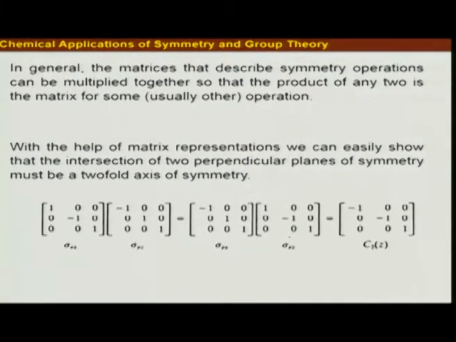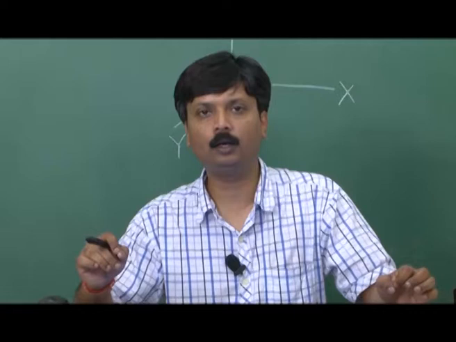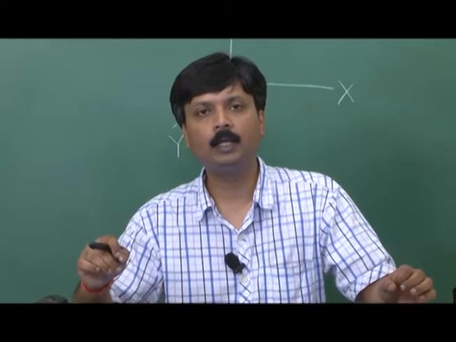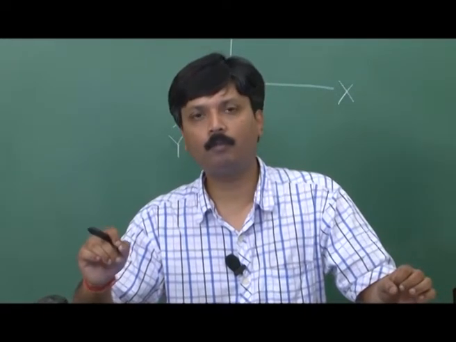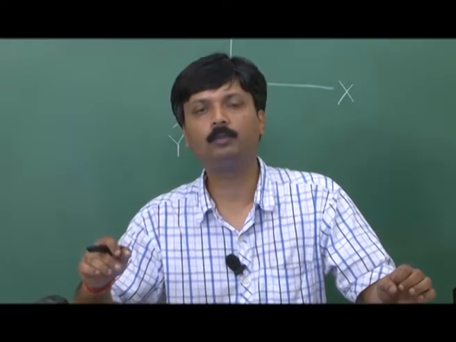we can go ahead and in general we can find the matrices that describe symmetry operations, and we can verify that these matrices which are representing the symmetry operations are equally capable of doing the successive operations.